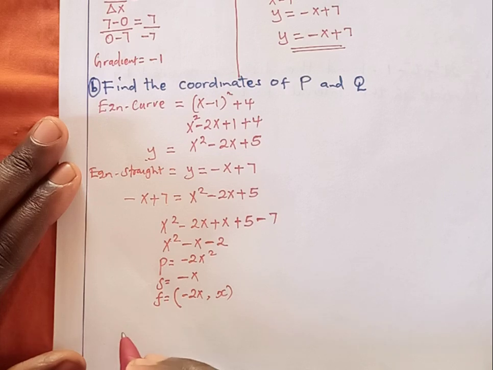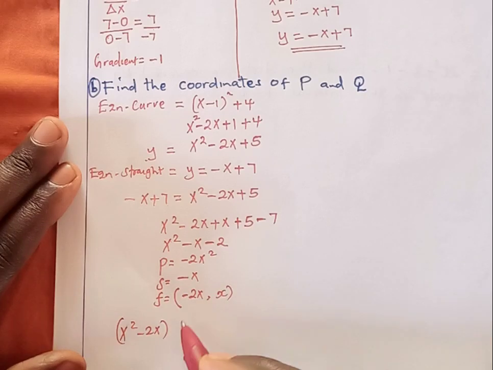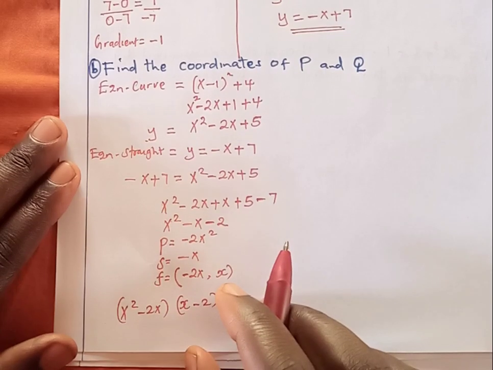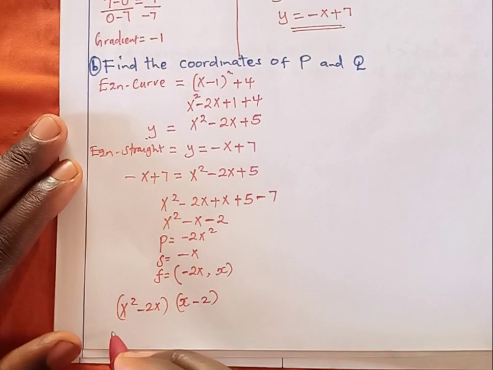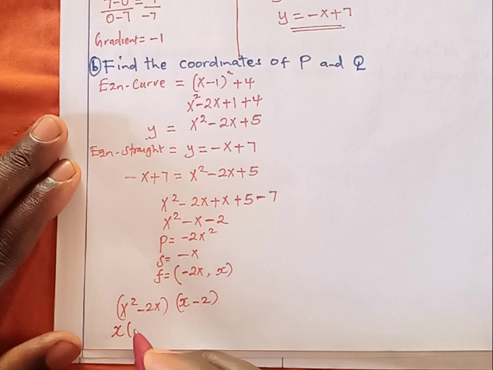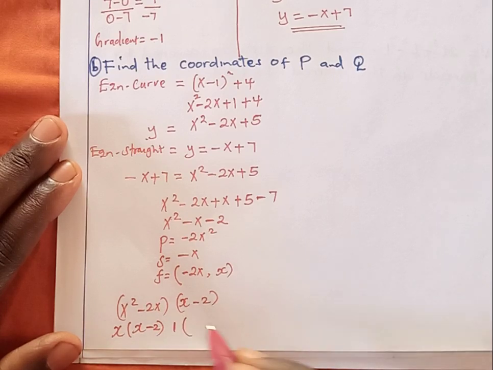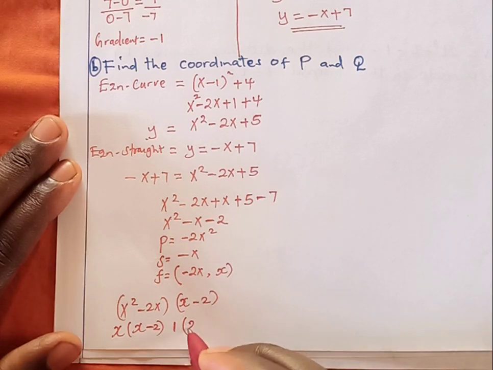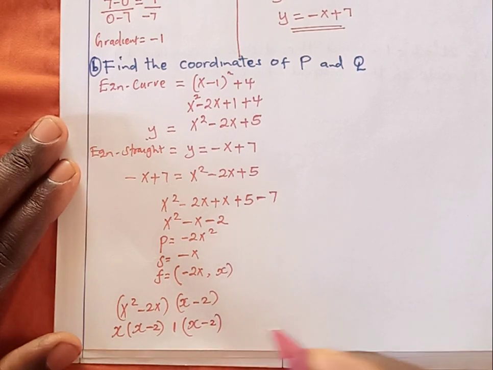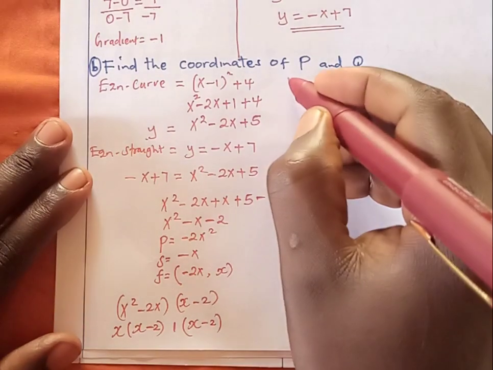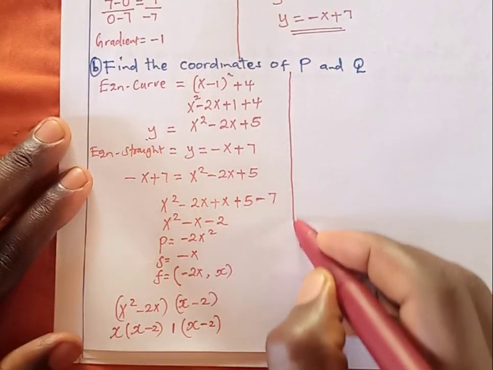We shall now have our x squared minus 2x, then x minus 2. Let us obtain the common factor in the first bracket, which is x. You multiply by x and you take away 2. In the second bracket, it is going to be 1. In this case, 1 multiplied by x minus 2 gives you what we have in that bracket.